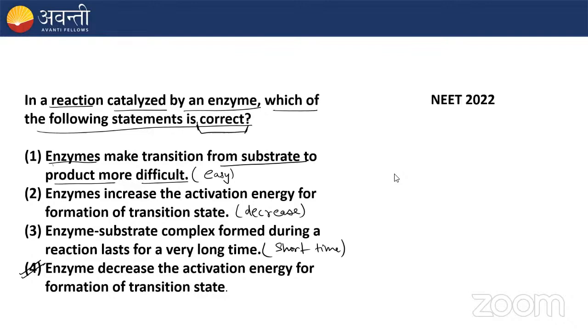So option 4 says enzyme decreases the activation energy for formation of the transition state. So enzyme will decrease the activation energy, and because of that the rate of the reaction will increase. I hope it is clear to everyone.